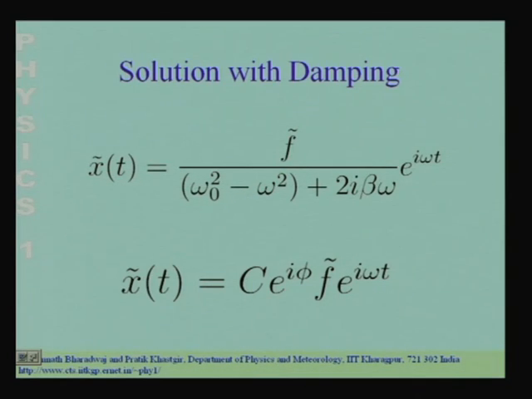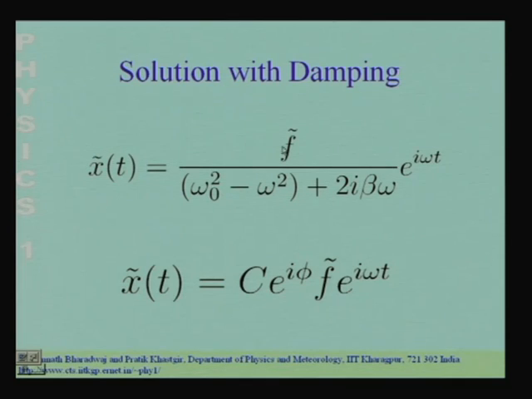Here, f tilde is the complex amplitude of the external force divided by the mass of the particle, and it also has the phase of the external force inside it. The external force is oscillating at a frequency omega, which is what is given here.